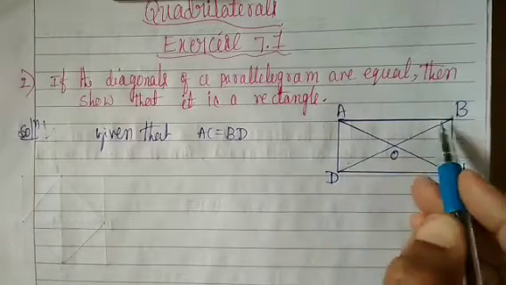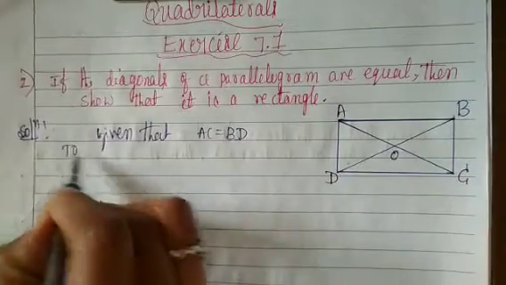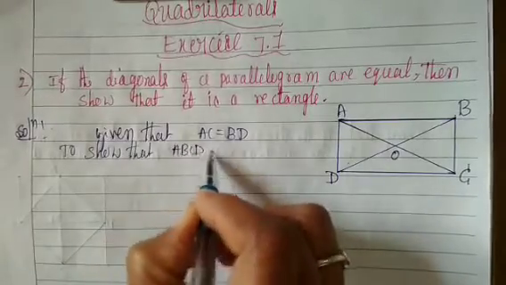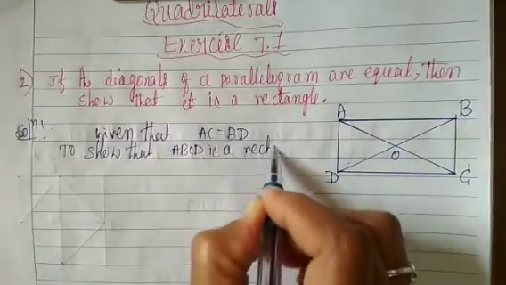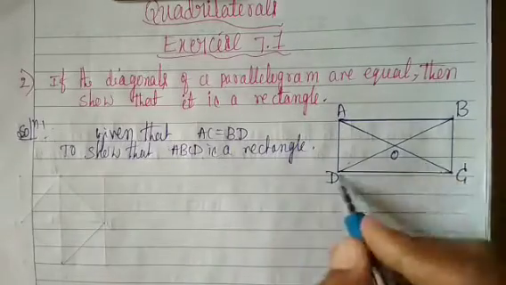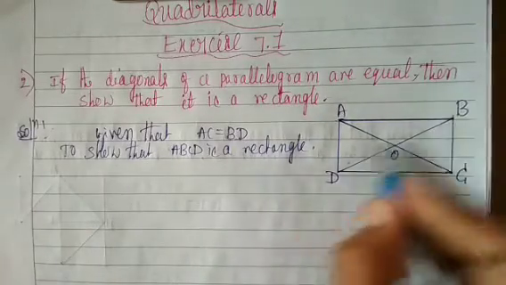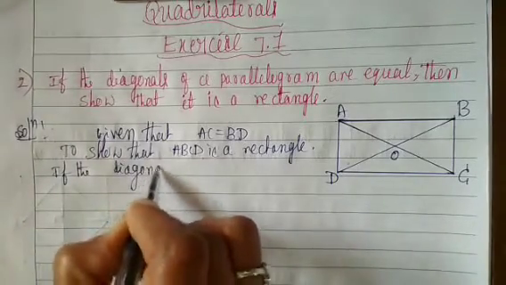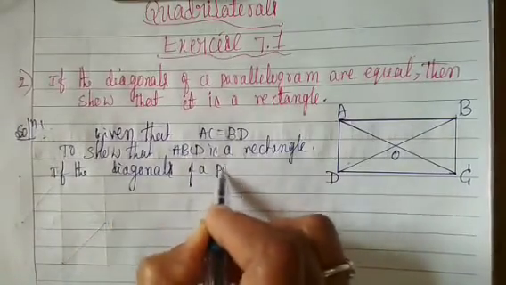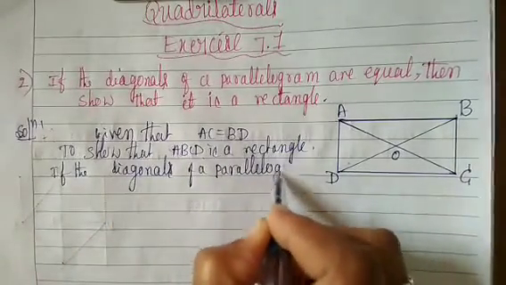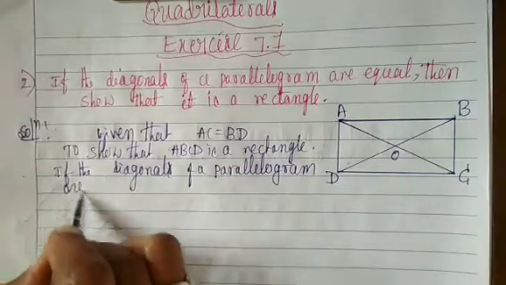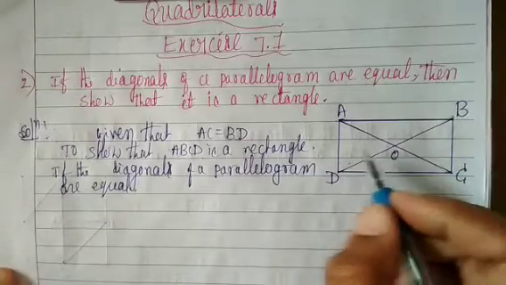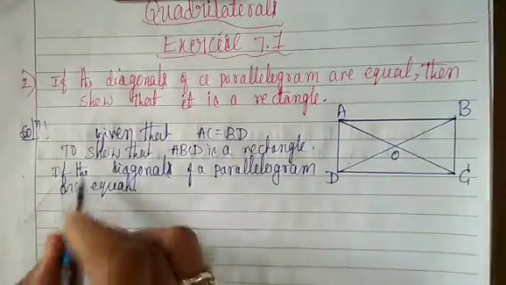To show that ABCD is a rectangle, if the diagonals of a parallelogram are equal. To show that ABCD is a rectangle.